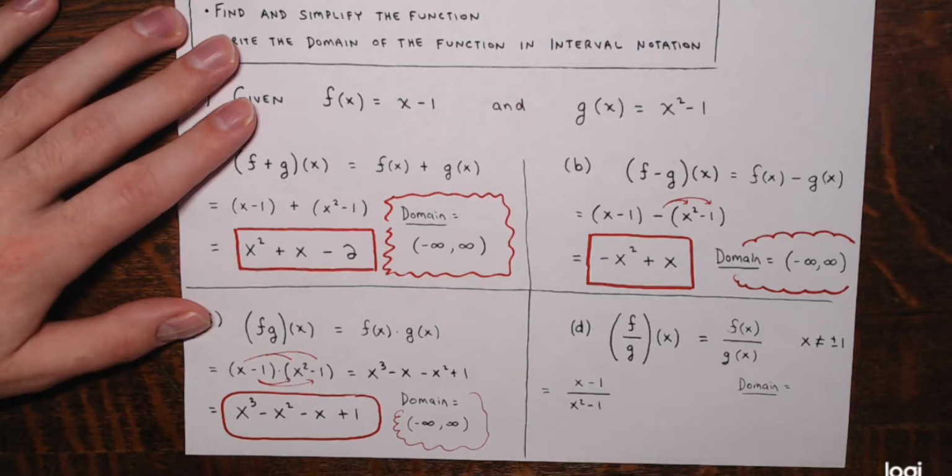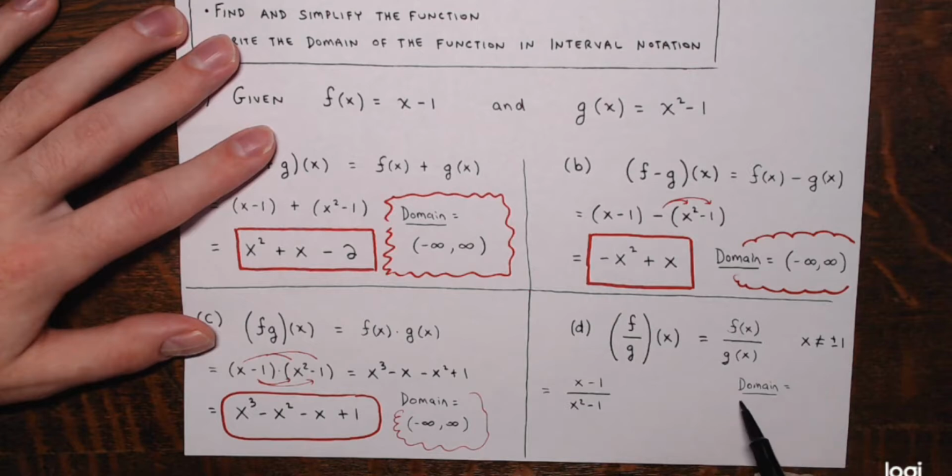So x can be anything but 1 or negative 1. In interval notation, that's from negative infinity up to negative 1, but not including negative 1. Then you have a union, and then every number from negative 1 to positive 1. You can use any of those numbers, but again, parentheses on those. And then a union again, and then from 1 to infinity. Anything greater than 1 can also be used, but parentheses on 1 again.